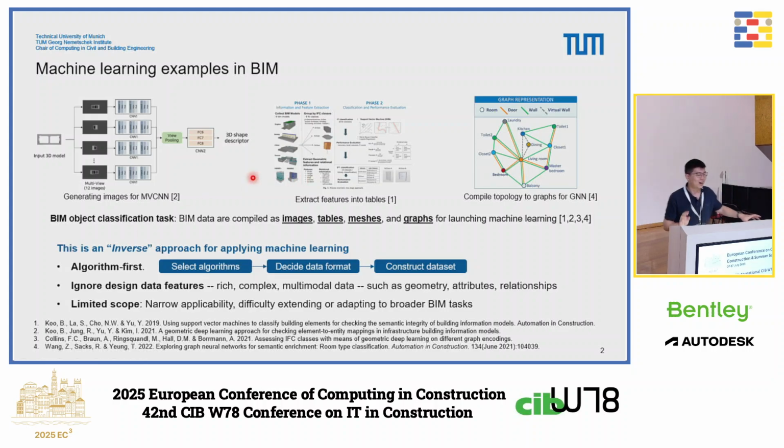Then, using MVCNN as an example, researchers in our domain first of all convert or render those meshes and generate images and then input them into MVCNN for classification, get the results, and evaluate the accuracy.